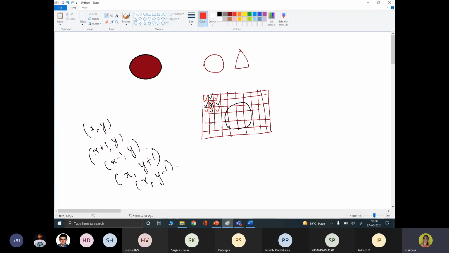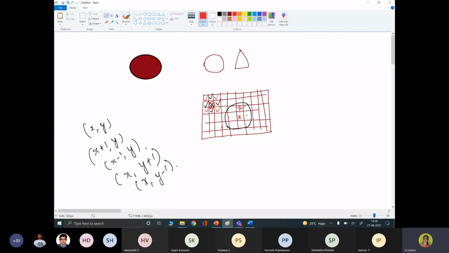When you try to color or fill the interior region, you start with one position x, y and check whether the 4 neighbors have the same color. If they are the same color, which means they are the interior region, you can color them with whatever color you want.